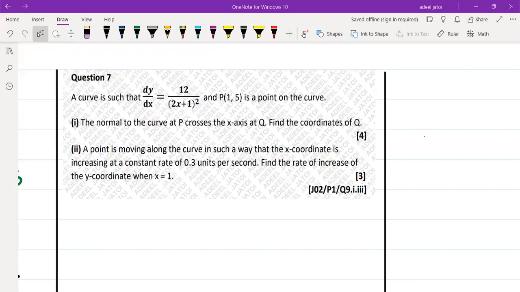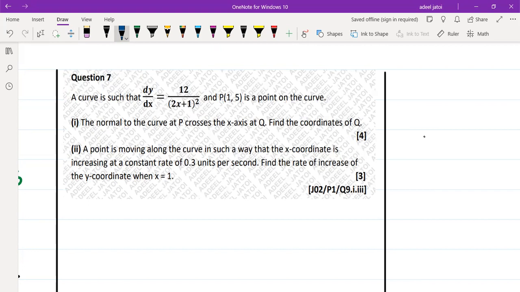So we have a question from June 2002, paper 1, question number 9. Let's say the curve is such that dy upon dx is 12 upon (2x + 1) whole square. Now this dy upon dx means that y has already been differentiated.